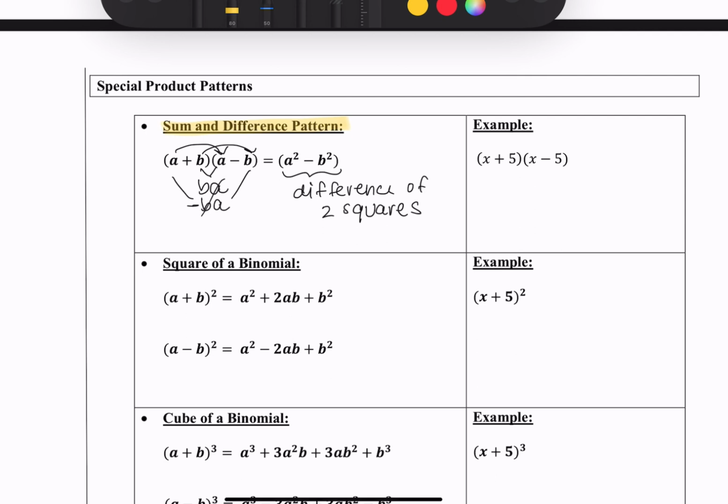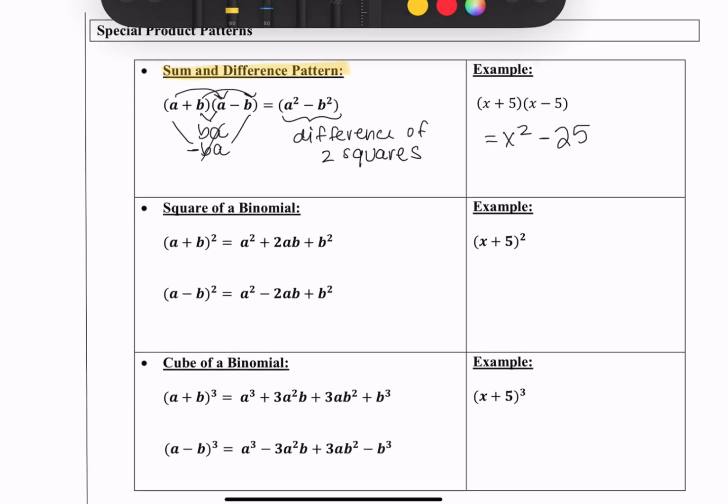You notice two binomials, they have the exact same terms. If you multiply the inners and the outers together and then combine them, they're going to cancel out. And so really you are just left with the first terms being multiplied to give you x squared and the last terms being multiplied to give you negative 25, and that is a difference of two squares.